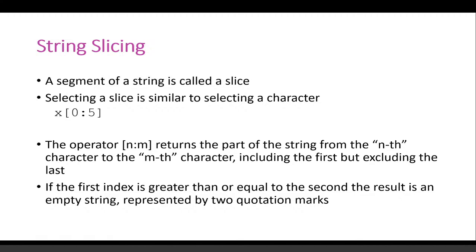So that's how we get one letter, right? But what if we want to get more than one letter? We can get a segment of a string, and we can call that a slice. We can select a slice using this syntax, where we have our string or the variable containing a string, the starting index location, and it goes up to but does not include the other index location after the colon.